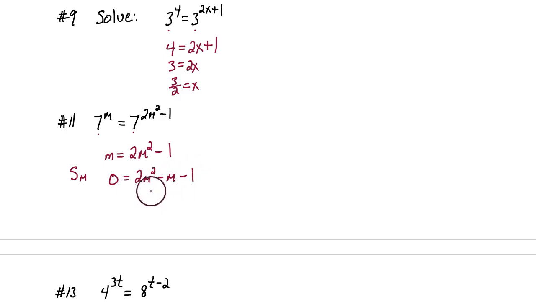Now we can solve this using factoring, completing the square, quadratic formula, or graphing. I'm going to solve it using factoring. 2 sets of parentheses equal to 0. We just need to figure out what goes inside here. Let's use a positive 1 in this spot and a negative 1 in this spot.